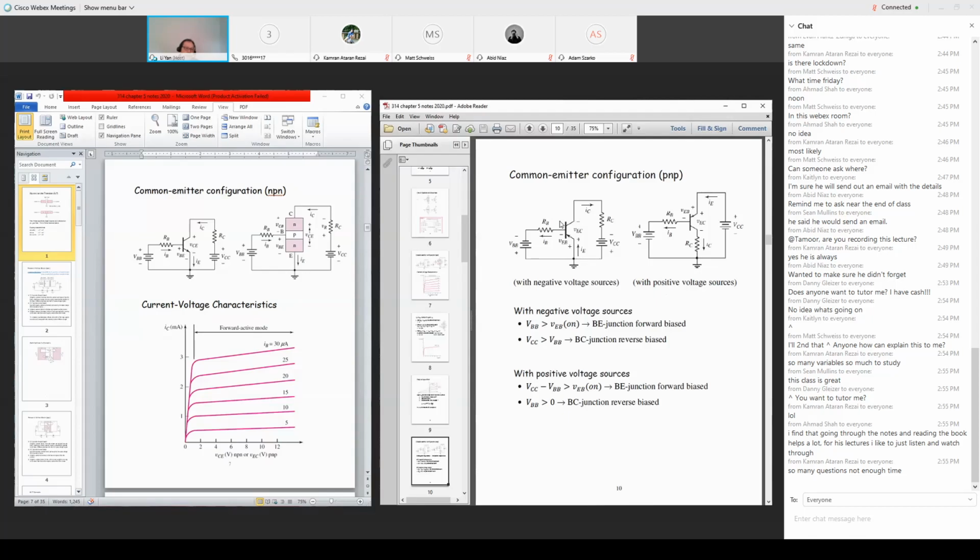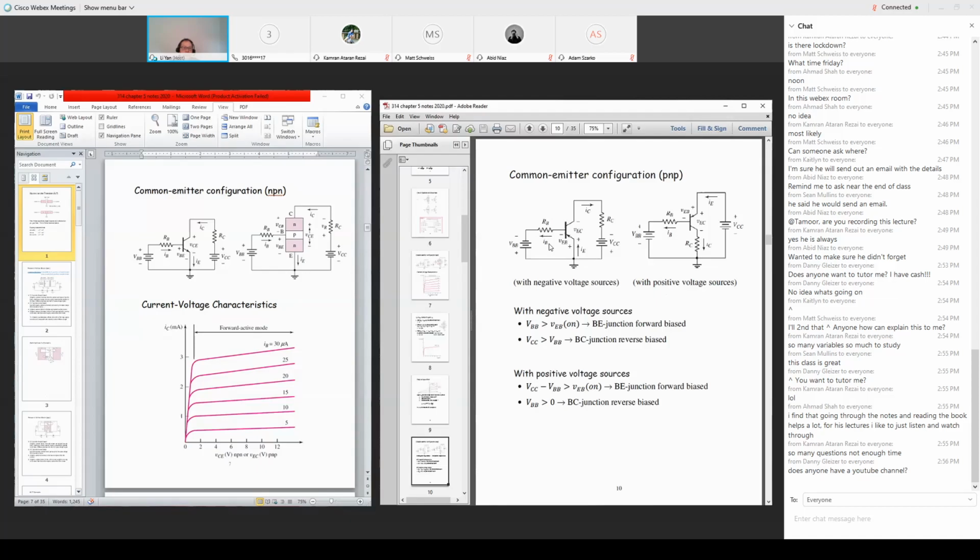Because we use a PNP transistor, the roles of electrons and holes are exchanged, and the external bias voltage polarities are flipped. For VBB, the plus polarity connects to ground and the negative polarity connects to the base. Likewise, the polarity of VCC is flipped: the plus side connects to ground, and the negative side connects to the resistor RC and eventually to the collector.